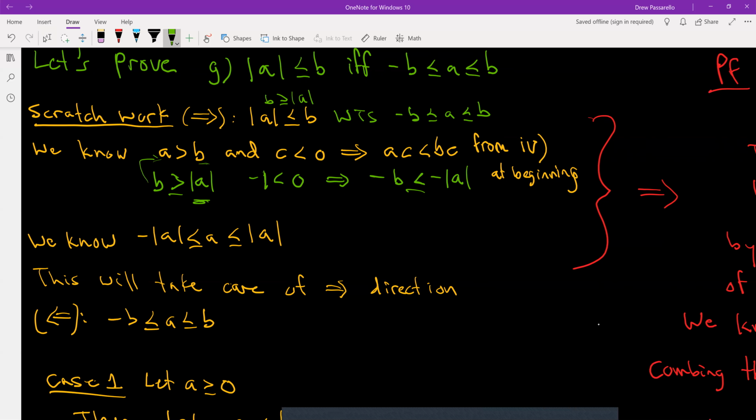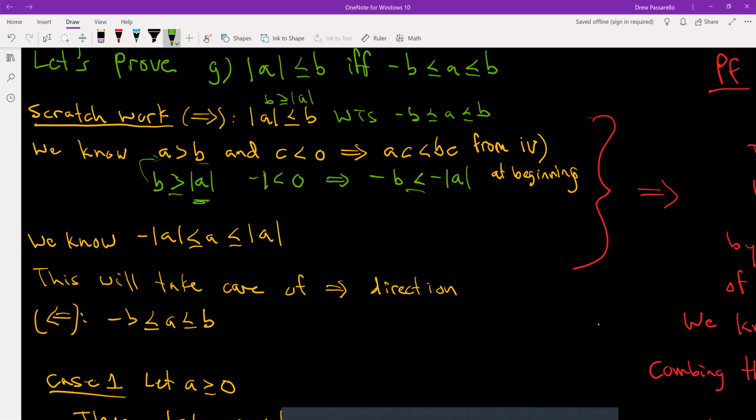So B greater than or equal to the absolute value of A switches to negative B less than or equal to negative absolute value of A, using Roman numeral 4 with -1 in for C, just a variable change.